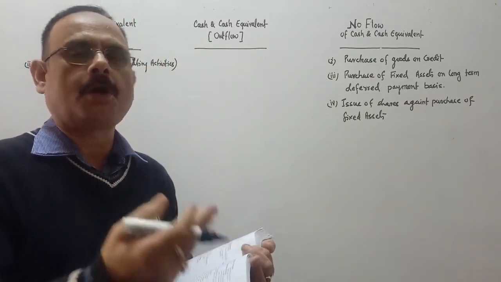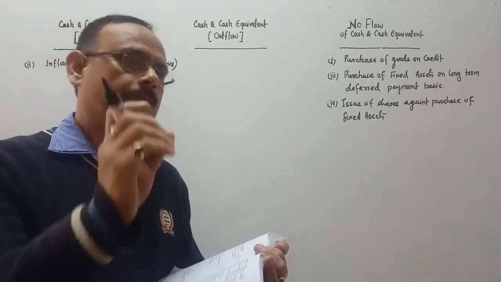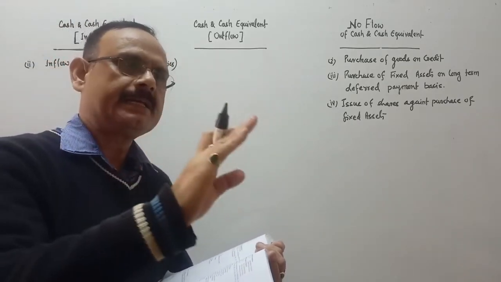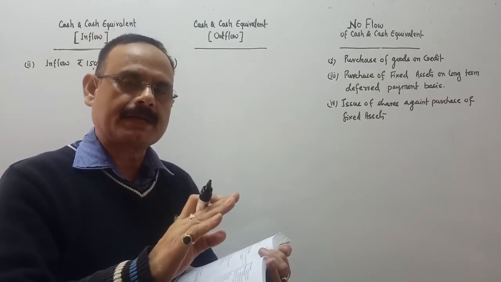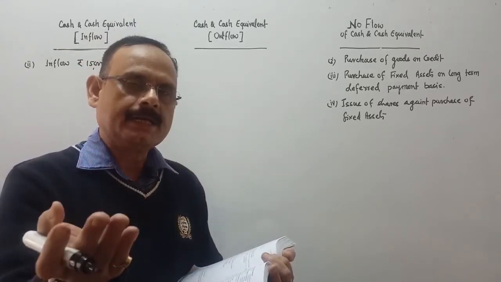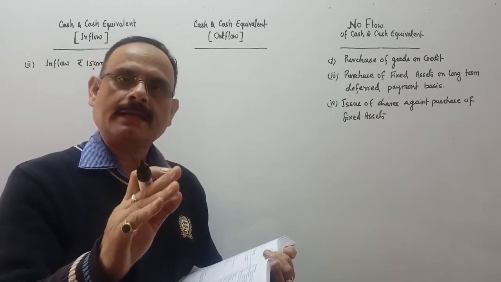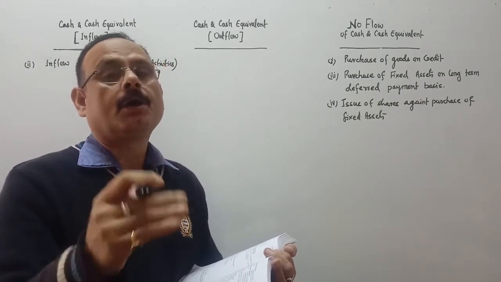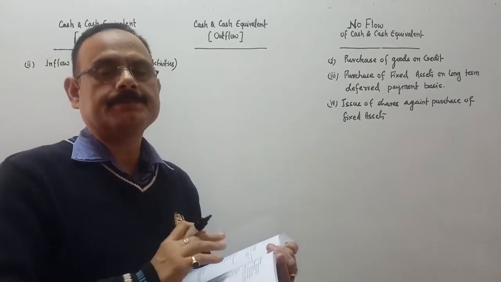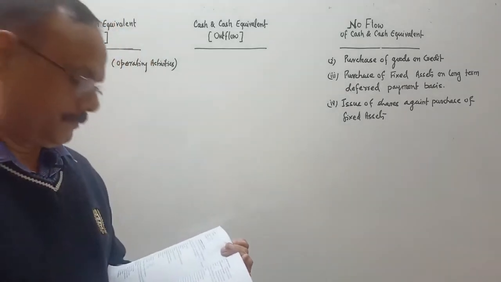So there is no flow of cash. For flow of cash, there must be cash and cash equivalent on one side of a transaction, and on the other side maybe a current item excluding cash and cash equivalent or a non-current item, then only the cash will flow.